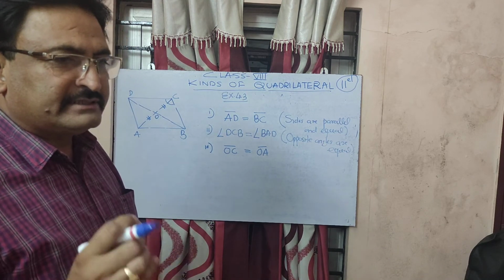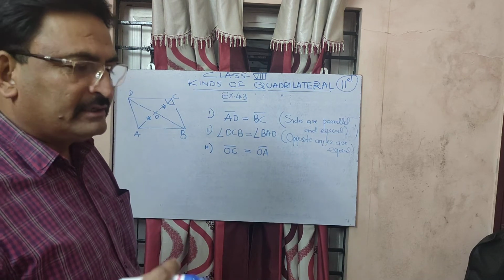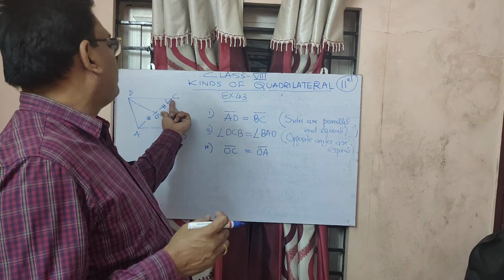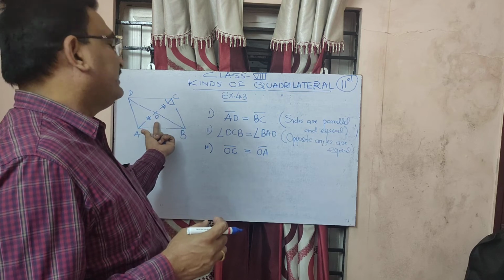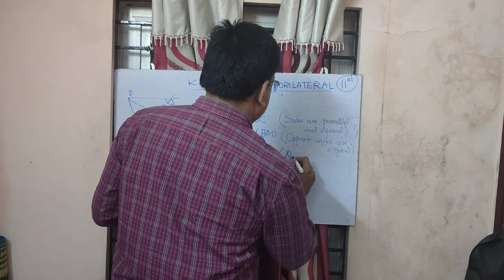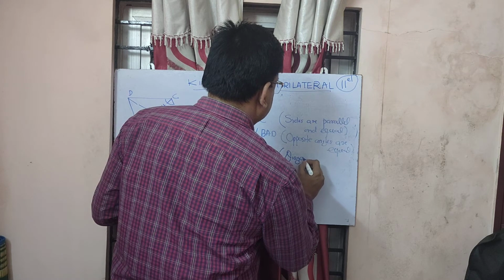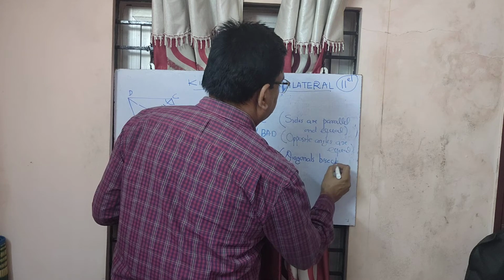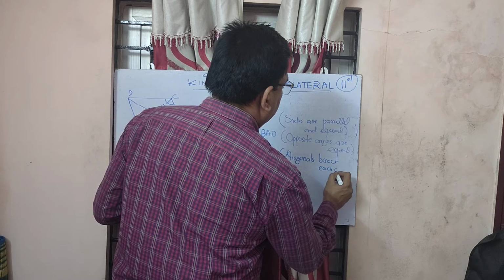It means both the divisions of the diagonals are always equal. Diagonals bisect each other.